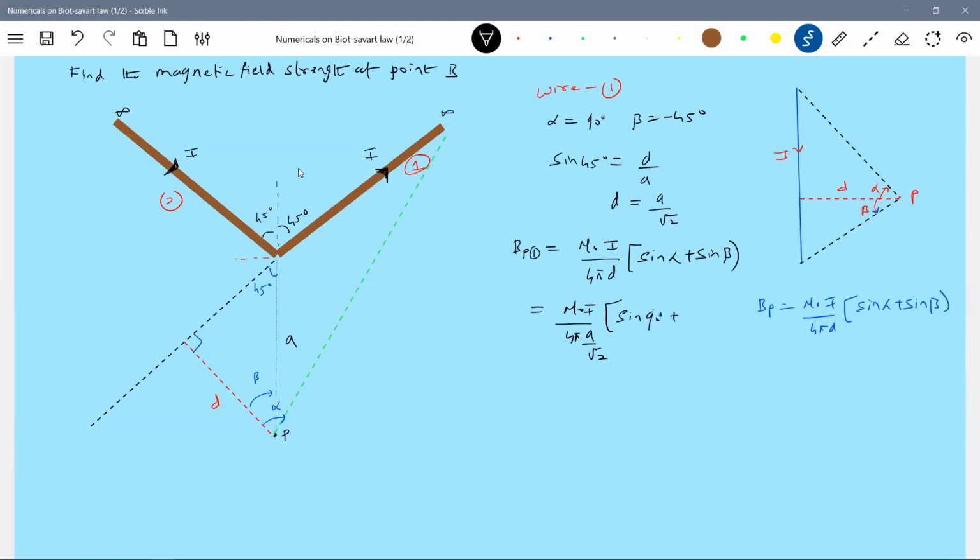So alpha will be 90 degrees, sine of 45 degrees. So mu naught I by 4 pi, this will be mu naught I by 2 root 2 pi A times 1 minus 1 by root 2. What about the direction? Into the plane. This is due to wire 1.